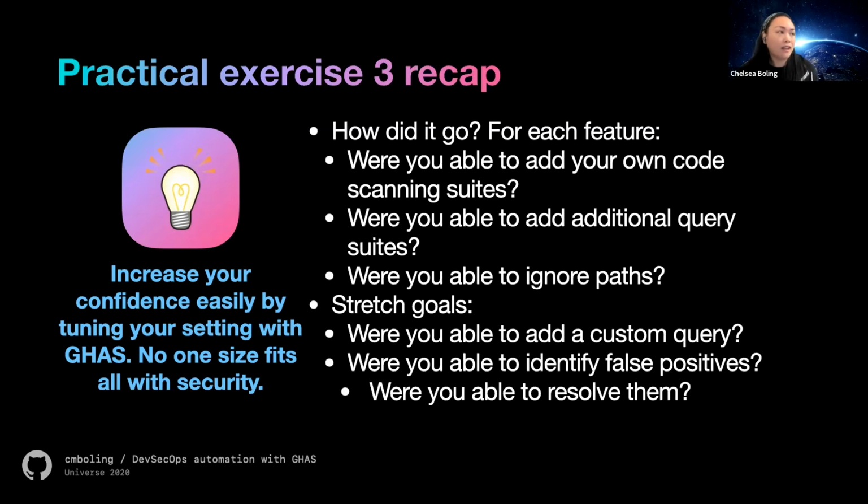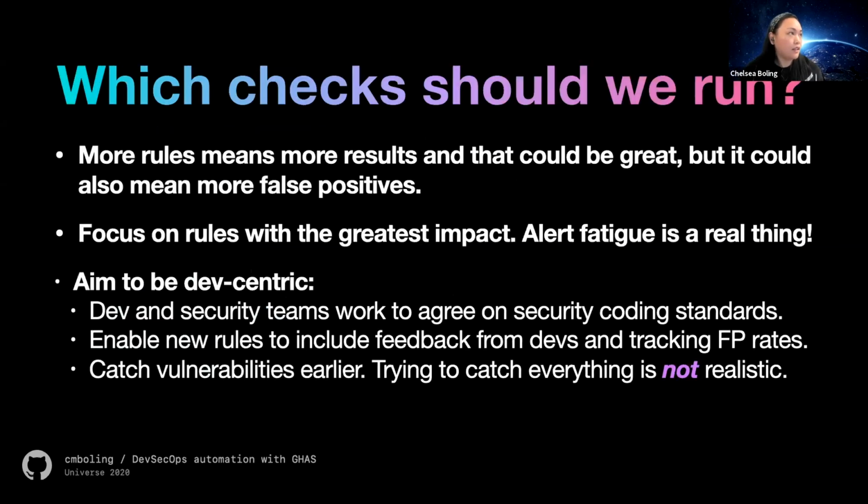That's awesome. But yeah, no one size fits all with security. We just wanted to give you that option to fine tune your results and add any additional queries once you become familiar with the CodeQL analysis runner. So with that being said, we have a couple more slides until I want to get into the QA section.